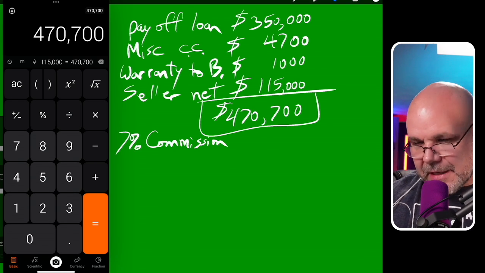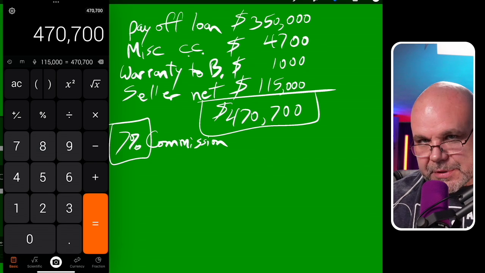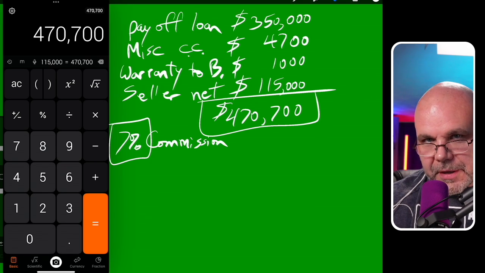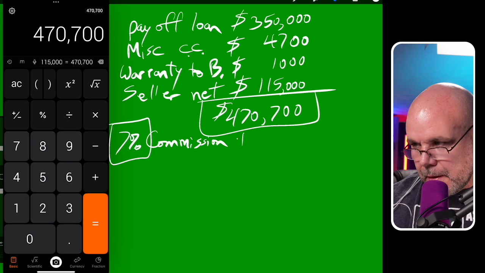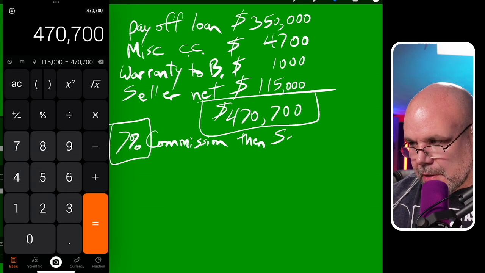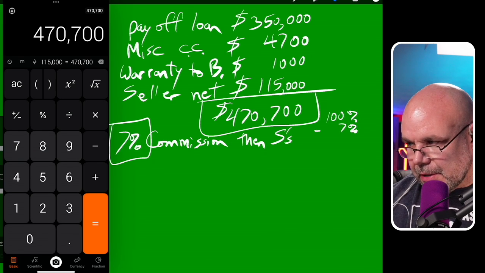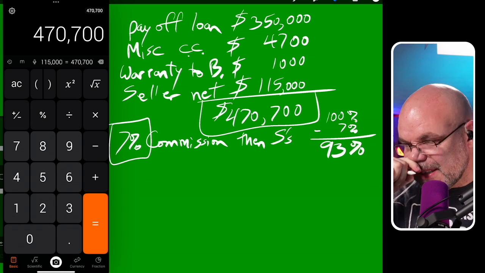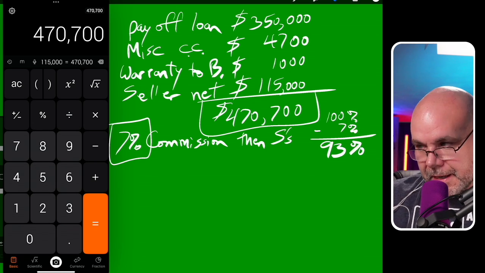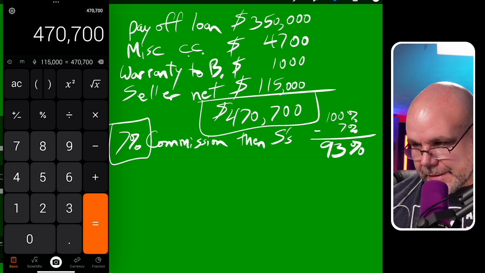Step 2, identify the commission. It's 7%. If your part of the commission is 7, then the seller's portion is what? It's 100% total minus 7% to you. So the seller's portion is 93% of the sales price here, right? 93% to the seller in this case.